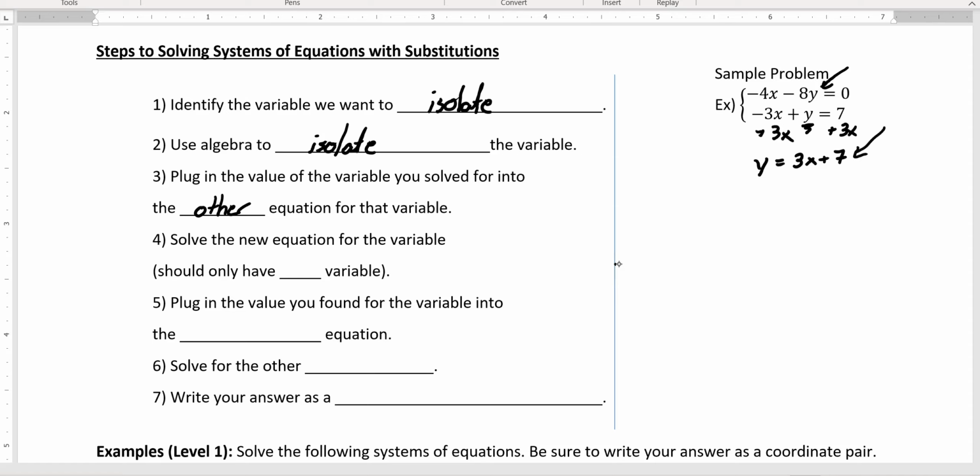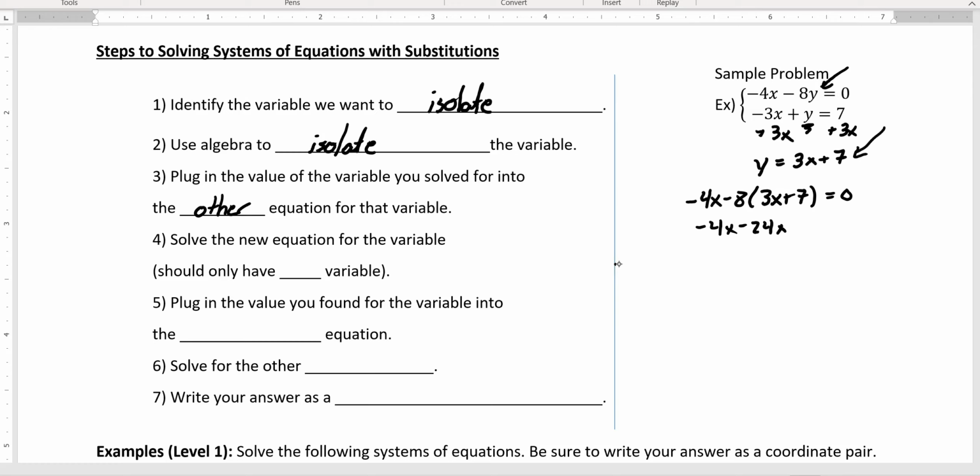So I'm going to say negative 4x minus 8 times 3x plus 7 equals 0. Distribute here, so negative 4x minus 24x, and then it'll be positive 56.